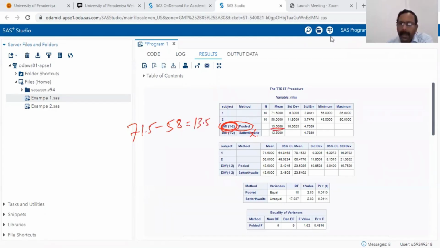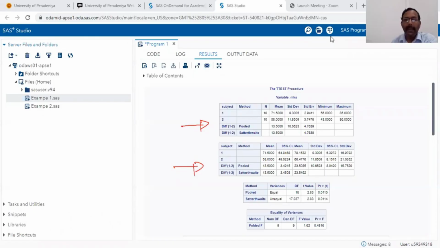That is already given. And we can calculate the pooled standard deviation in the normal way, and we can calculate the standard error. Not much difference between Satterthwaite and the pooled test. If there is missing data and ties, there will be a problem. Right. Any questions?